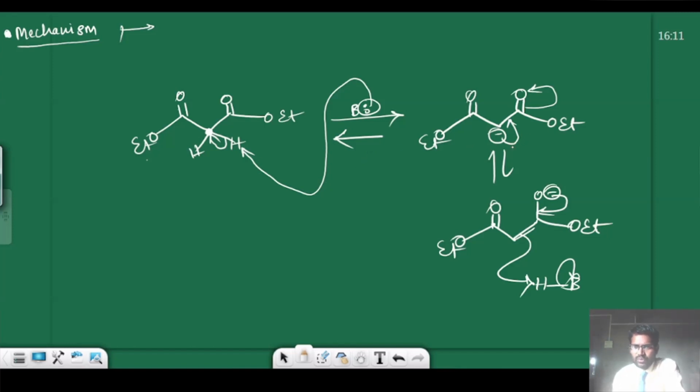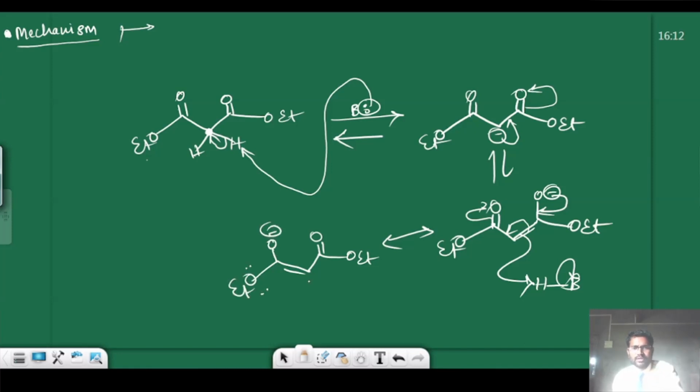Again, when this charge moves like this, when you do the conjugation, another canonical structure generates: OEt, C double bond O minus OEt.